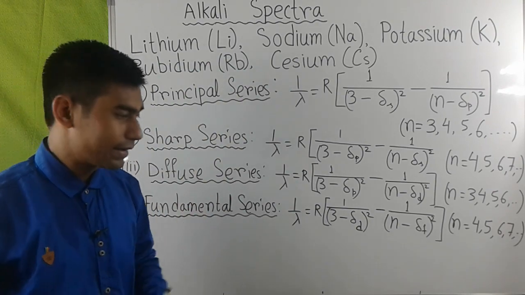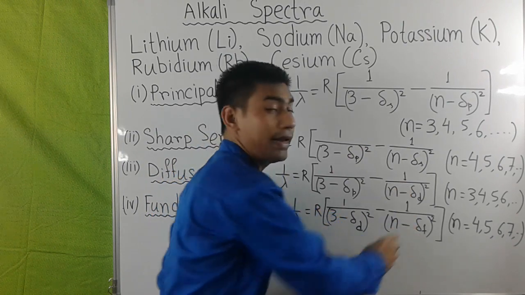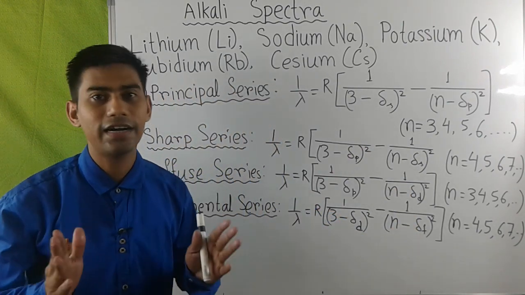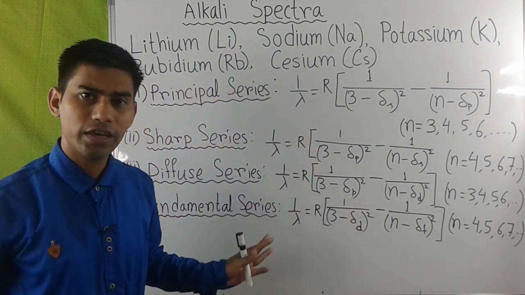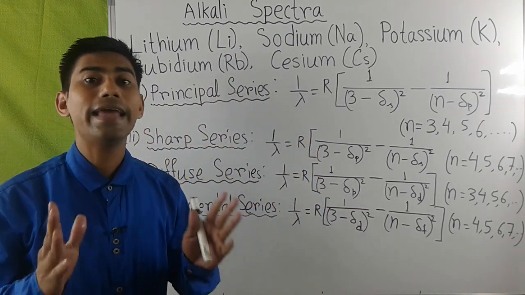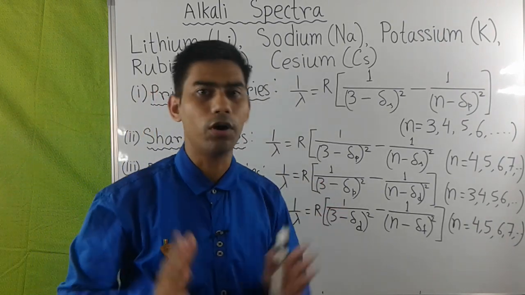Now we note that these series formulas are somewhat similar to those of the hydrogen spectrum, but the numbers delta S, delta P, delta D and delta F cause the difference. This is for the sodium atom. Now for other alkali atoms, these series formulas are of the same form.